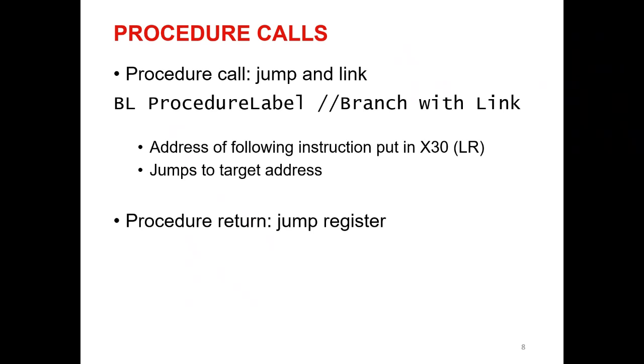Once I finish my procedure, I need to use an instruction to return to the point where I called that procedure. In this case, we use the instruction BR, which means branch to register, and we put here register LR, which is the link register, which is actually the X30 register, which has been stored when I called the procedure.